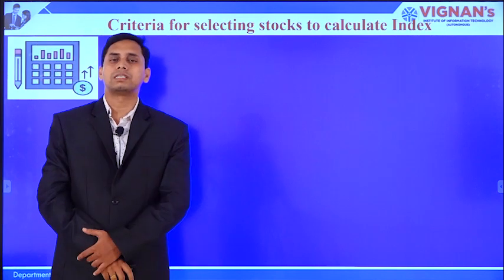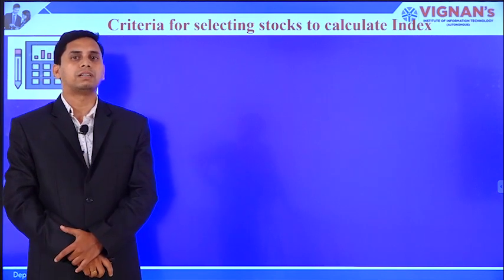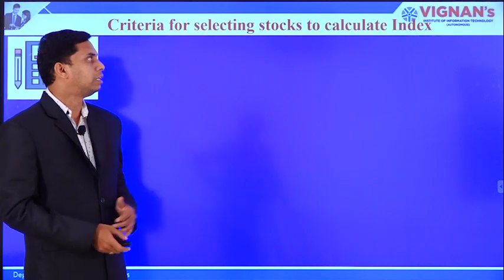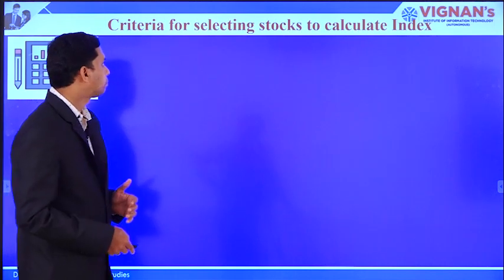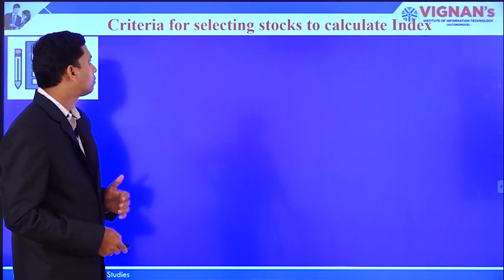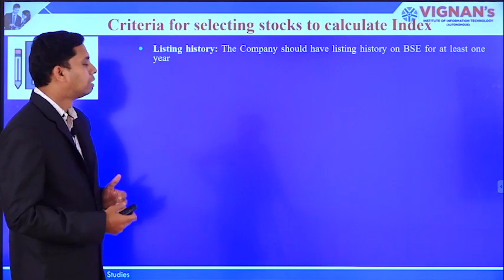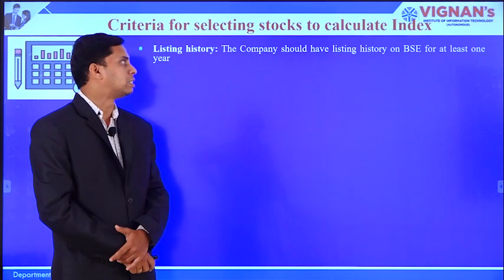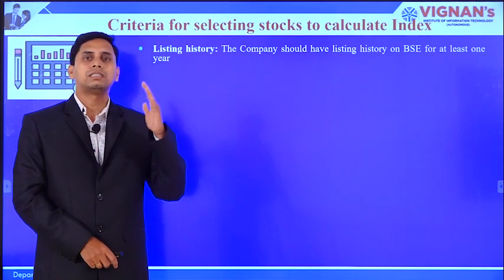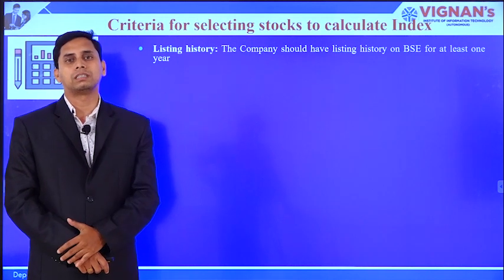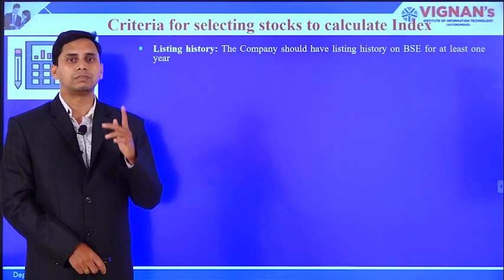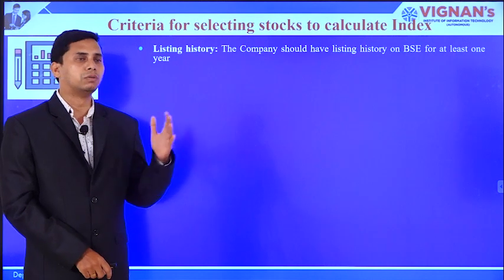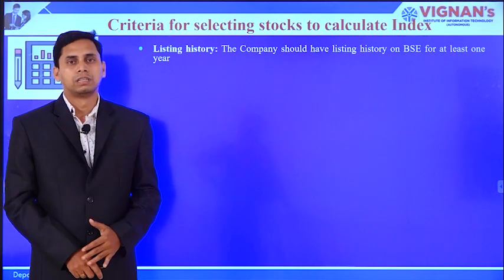Now, we should understand what is the criteria for including the stocks in the index and calculating the index value. First thing is a listing history. What is the history of a particular stock that is introduced in a particular stock exchange is one of the parameters for including in the index.